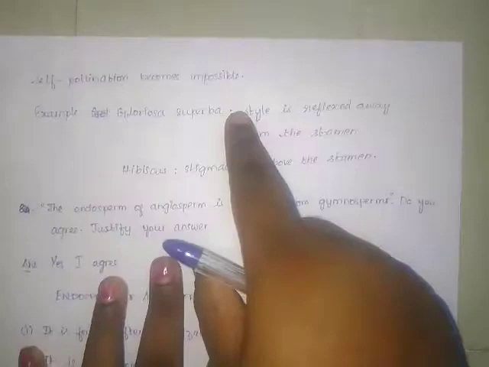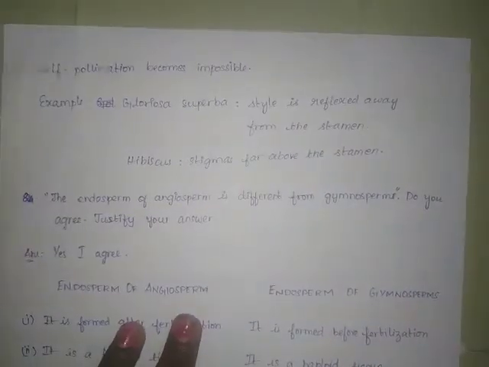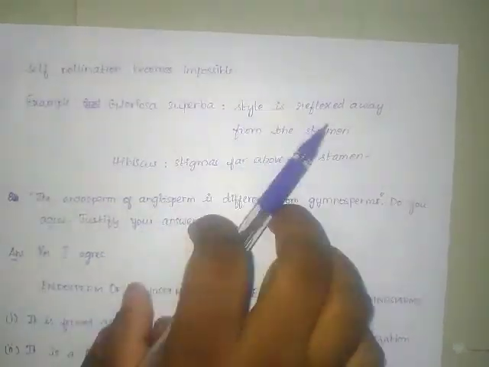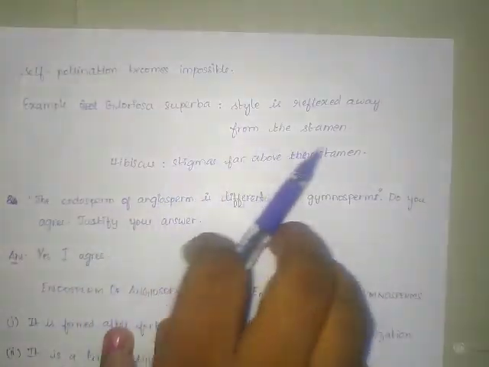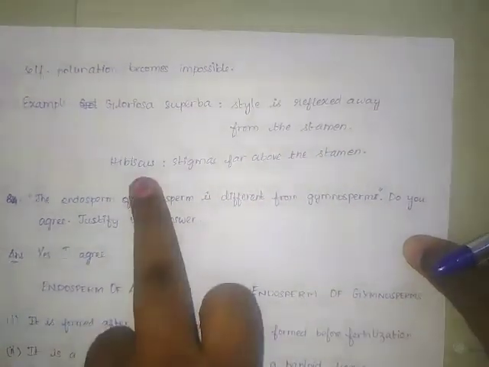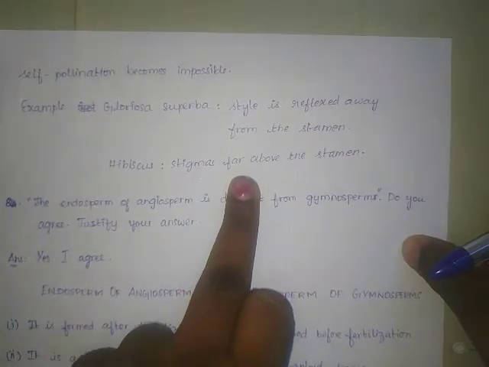For example, Gloriosa superba: style is reflexed away from the stamen. Next, for hibiscus, stigmas are far above the stamen.